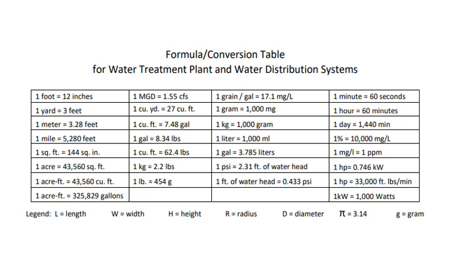The conversions that we're going to be using are: 1 PSI is equal to 2.31 foot of water head. 1 foot of water head is equal to 0.433 PSI, and 1 gallon is 8.34 pounds. So here they are highlighted, and I'm not going to keep this up during the slides. We'll just add them as we go.